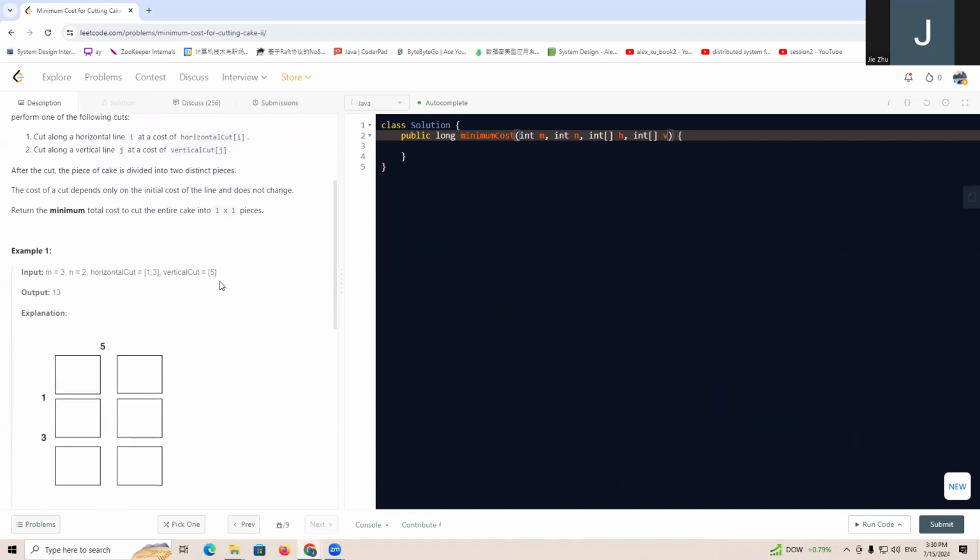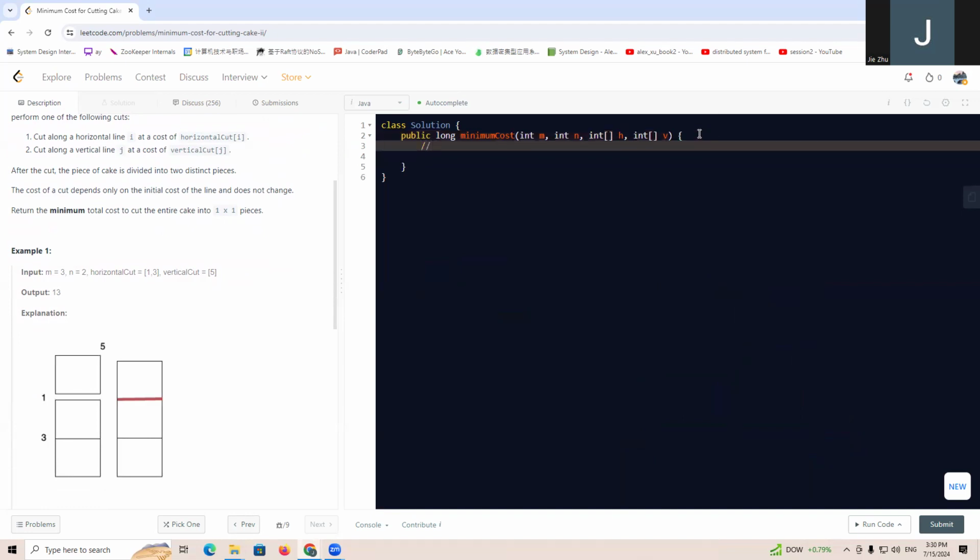To prove this approach, we prove that we choose the greater of h[i] or v[j] every time for the i, j pointers.